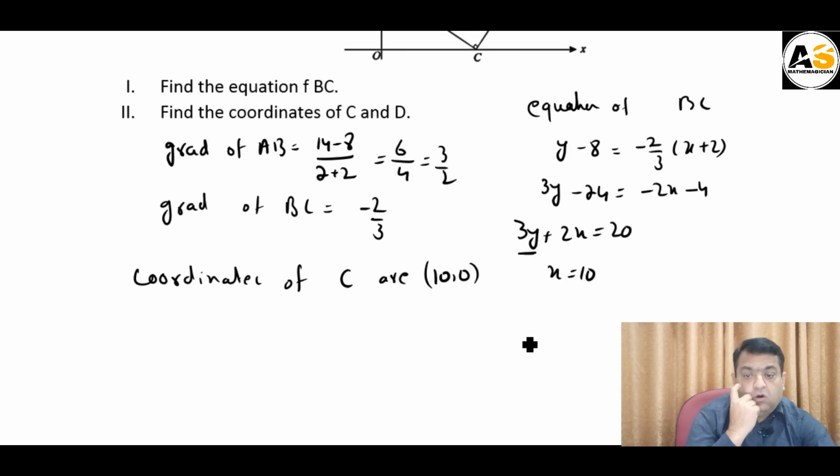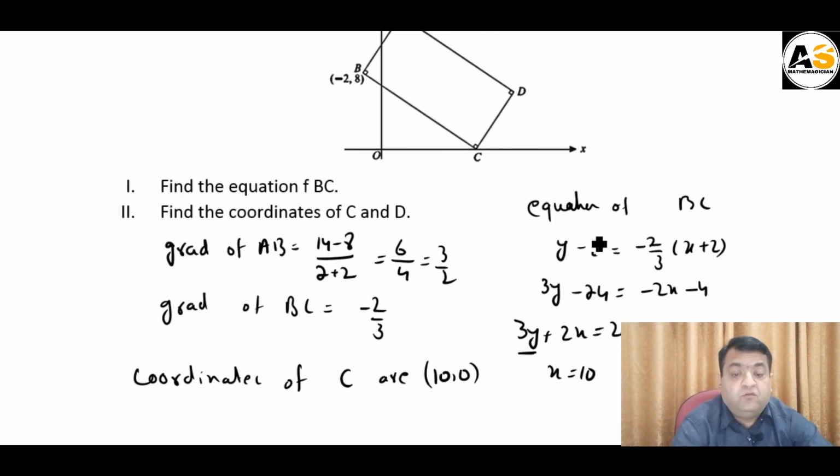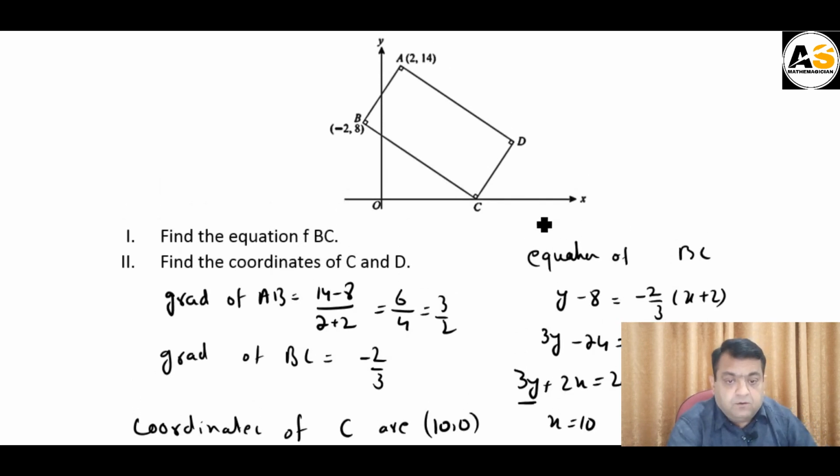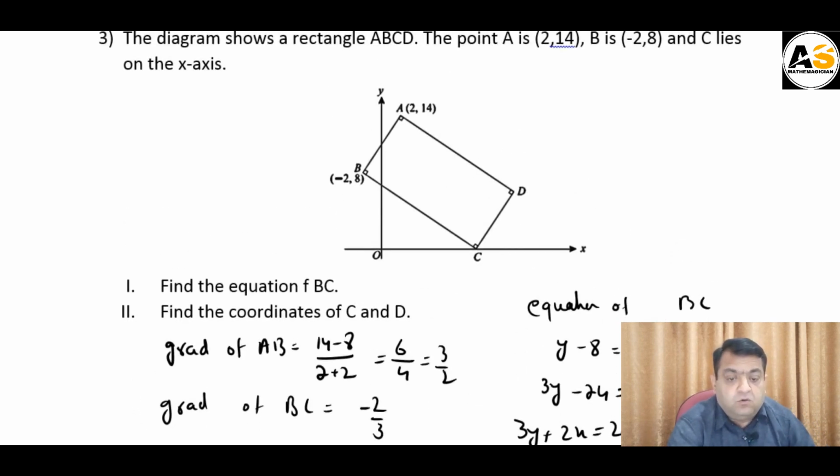Okay, now I have calculated the equation of BC. I have found the coordinates of C. Now we have to find the coordinates of D. Dear student, look over here. Coordinates of A are known, B are known, C are known. Coordinates of C are 10, 0. And coordinates of D, let it be x, y.